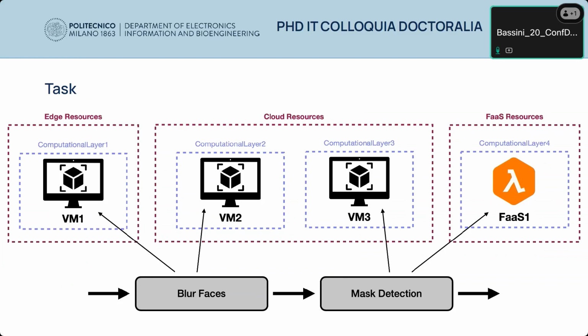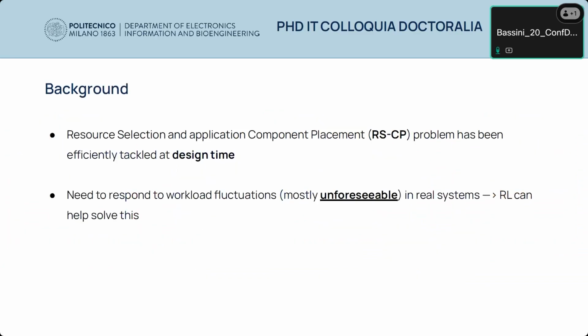One is to blur the faces of people in the video, and the other one is to detect whether or not people are wearing masks. These 2 applications can be mapped on different resources because their requirements in terms of resources are different. And so depending on which resource we map them on, we have different results in terms of latency.